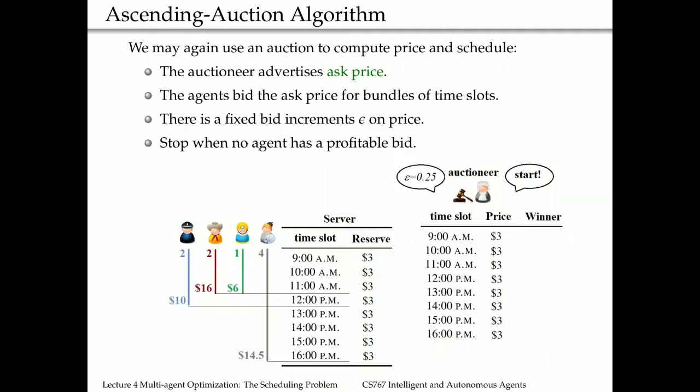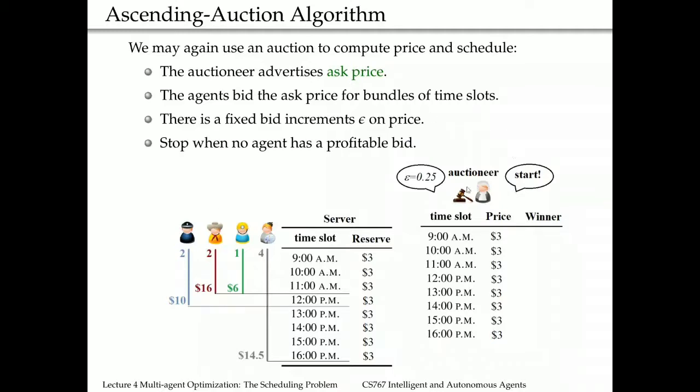So the auctioneer has the power to advertise the ask price. The agent bids the ask price for bundles of time slots. There is a fixed bid increment epsilon on the price, so we can guarantee that the price of each time slot will increase with every bid, and the auction will stop when no agent has a profitable bid.